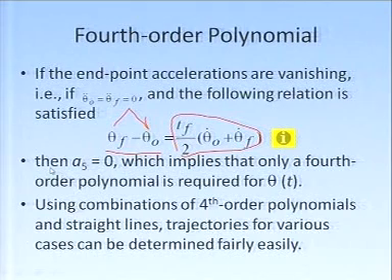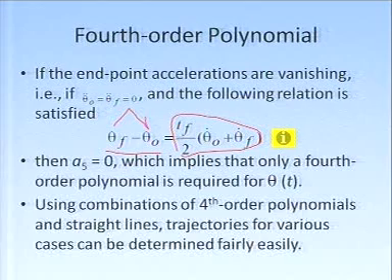So, here I am writing f(i) equal to 0, which implies that only a fourth order polynomial is required for theta t. So, using combinations of fourth order polynomials and straight lines, trajectories of various cases can be determined fairly easily.